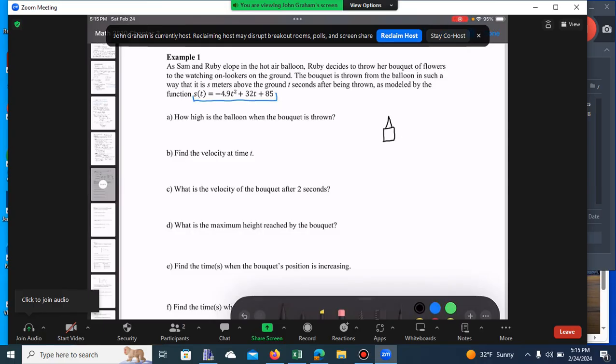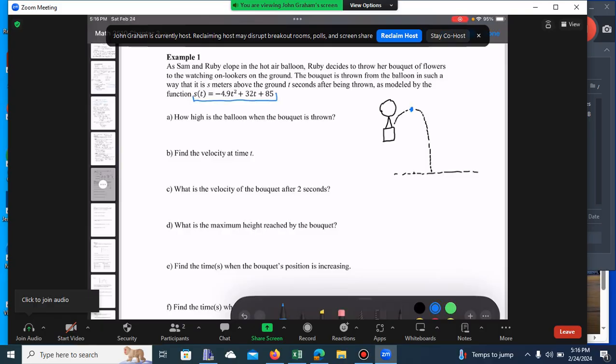Here's the bouquet, it's tossed out, and it follows a parabola path, an upside down quadratic equation, because this is negative t squared. The highest it goes is going to be that peak.